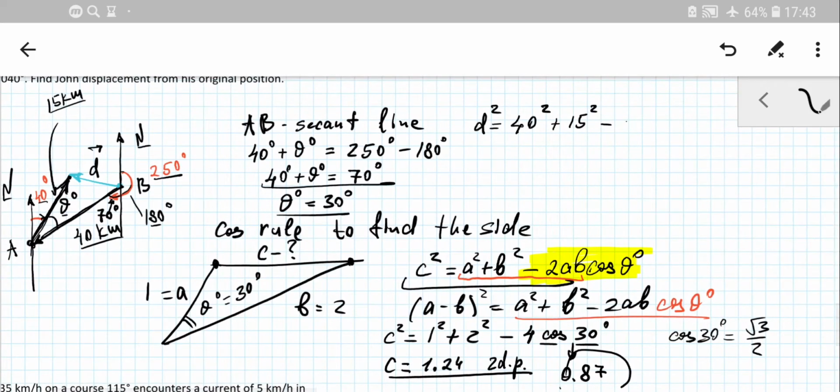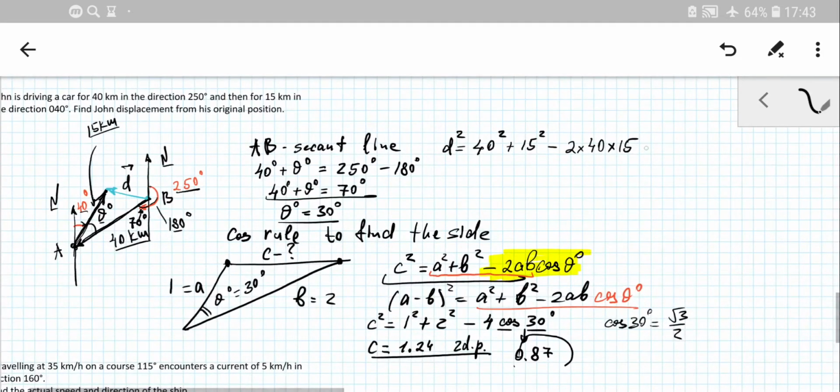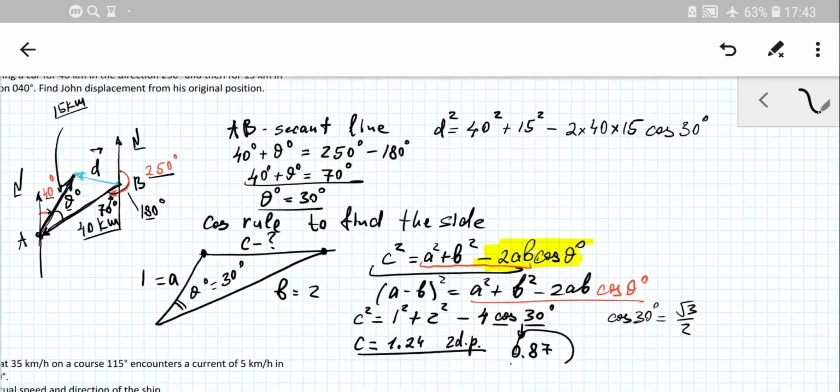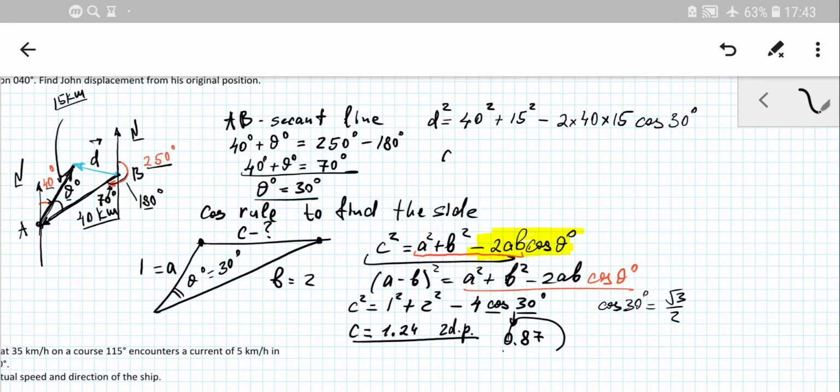Then minus 2 times 40 times 15 and times cos theta in the end. In this case theta I changed to 30 degrees so that it will have the value that we actually calculated, and the displacement is, let's calculate now.